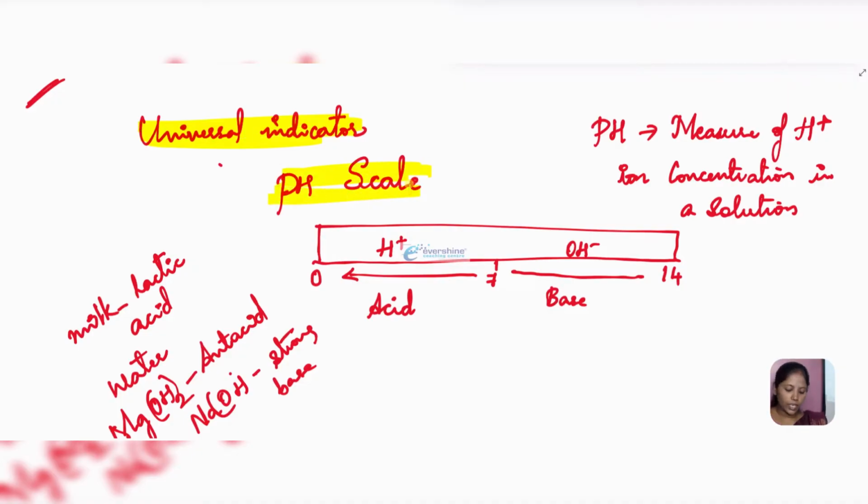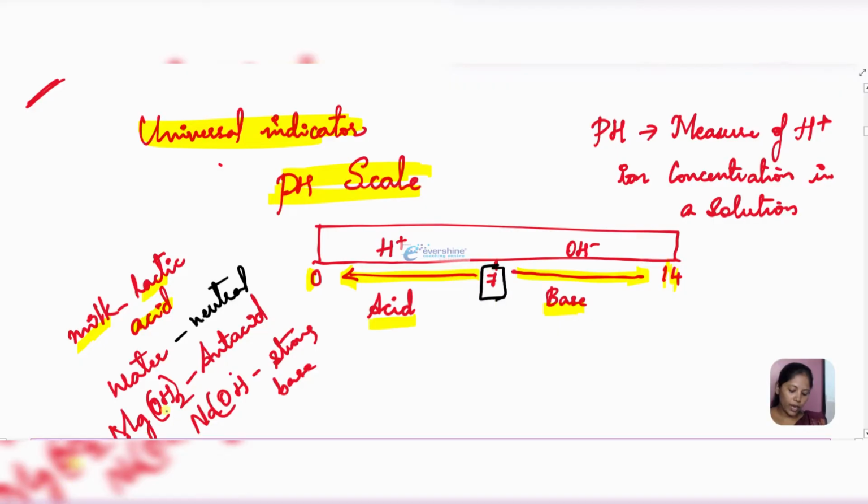The pH scale ranges from 0 to 14. Below 7 on the scale indicates acid, above 7 indicates base. If you keep this indicator in milk, since milk has lactic acid, it should show below 7. Water should show neutral. If you keep this pH scale in water, it will show the value 7.